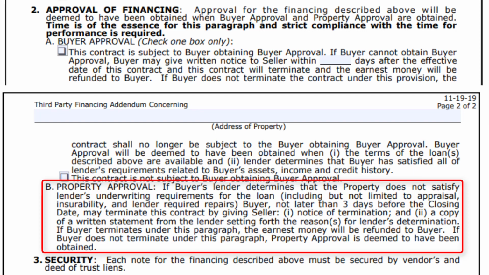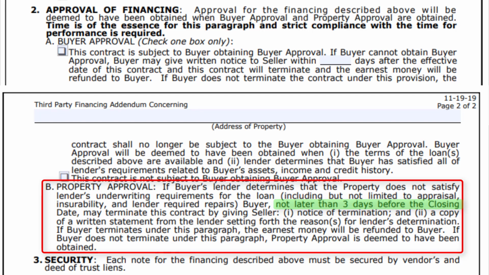The next part is really important, because this has changed in recent years and a lot of people still miss it. If the property does not meet underwriting guidelines, you have to let the seller know not later than 3 days before the closing date. So if the property is not approved and you need to terminate, you have to do so at least 3 days before the closing date.